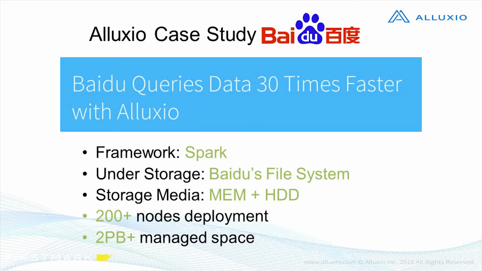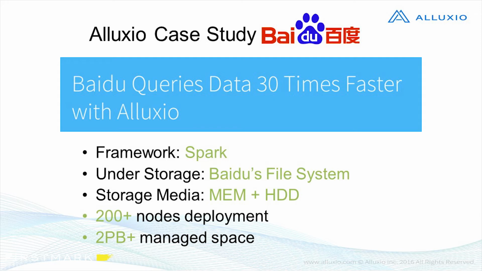And with this Alluxio system, I just want to mention several use cases, in which case you may think of, you can map your own use case into this new architecture as well. So one use case is Baidu. They're querying data 30 times faster with Alluxio. Basically, they run Spark and Spark SQL on top of Alluxio, and below Alluxio they run their internal Baidu file system.